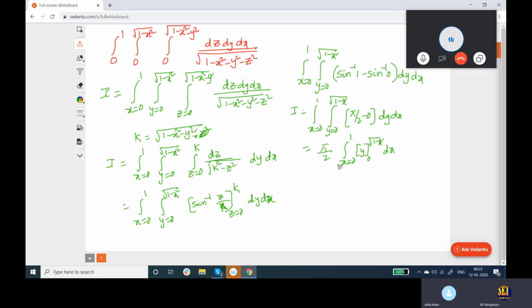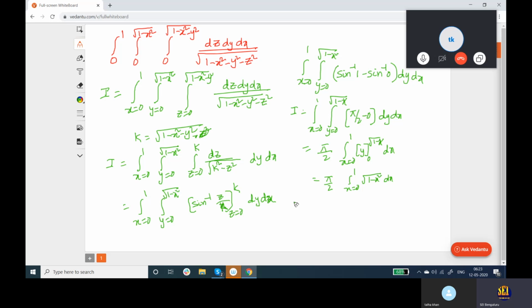So that is equal to pi by 2. Now here, upper limit minus lower limit, if you do, integral x is equal to 0 to 1 of square root of 1 minus x square into dx.